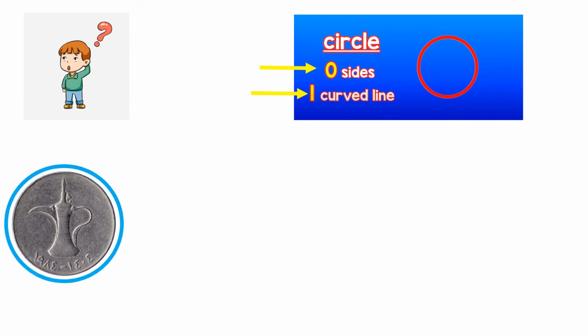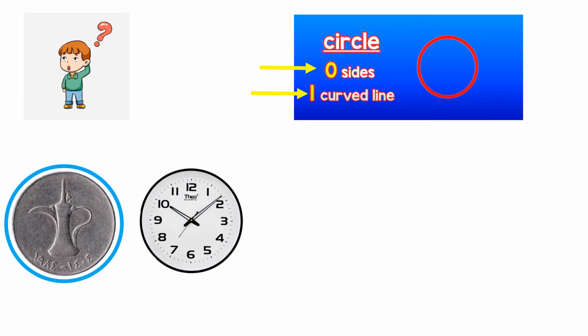It is in a circle shape. Now let us see the next object, children. It is a clock. Have you seen a clock in your house which is round in shape? What's the shape here? Yes, it is a circle shape. It is round in shape.